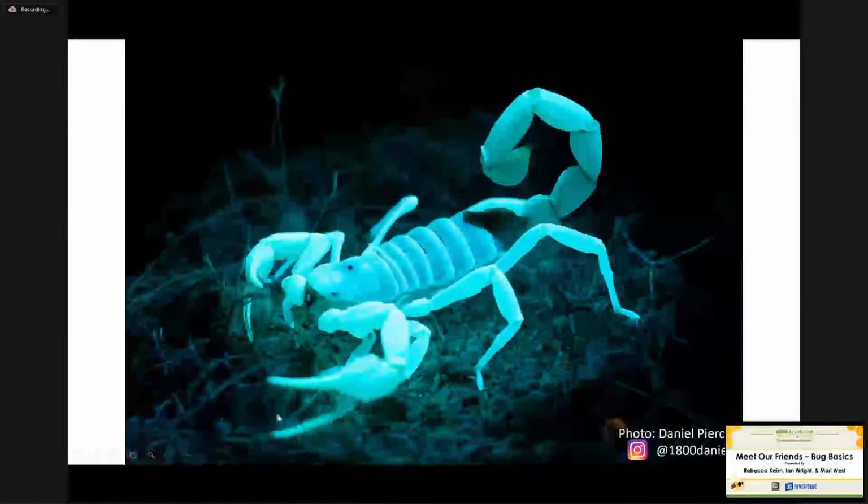The front 2 legs are modified to have these pinchers, and then they have a tail with a stinger on the end, which they can use to inject venom into their prey most often. Like Ian was saying before, there's a compound in their exoskeleton that causes this glow under UV light, and we don't really know too much about why they do it, though there are a few theories that I'll go into.